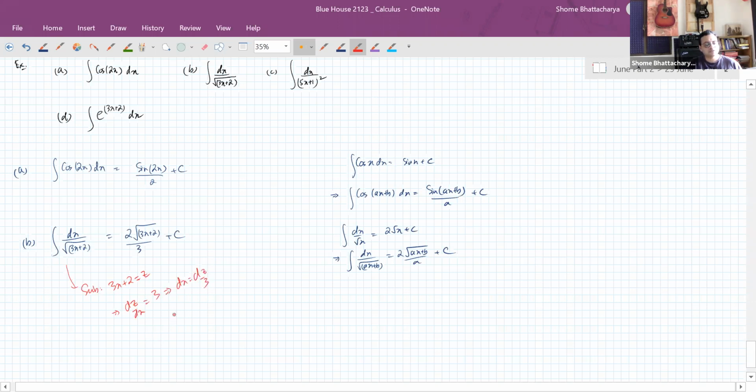So this integration will become 1 by 3 dz by root z. So that we know will become, that's how we'll finally get 2 by 3 into square root of 3x plus 2 plus c.